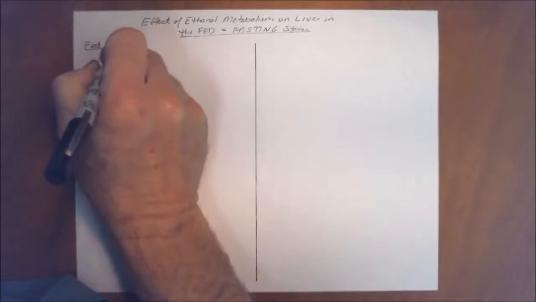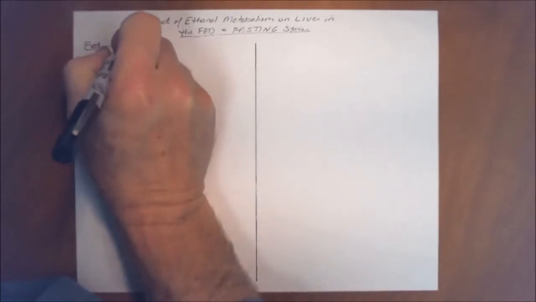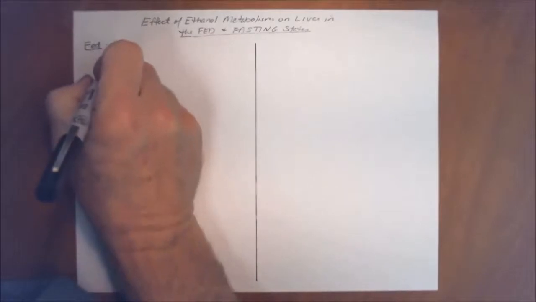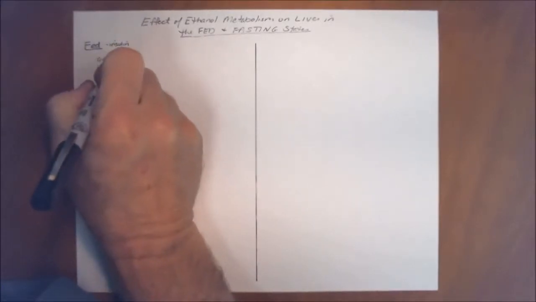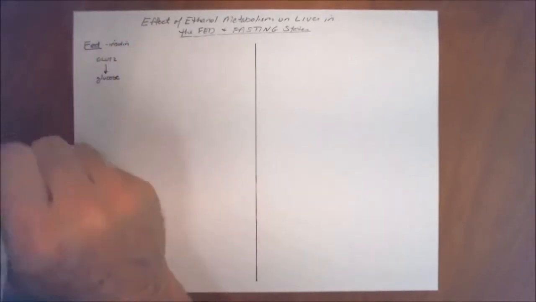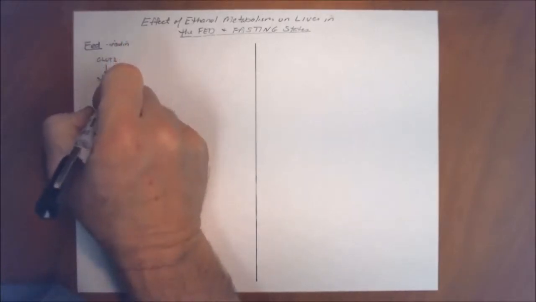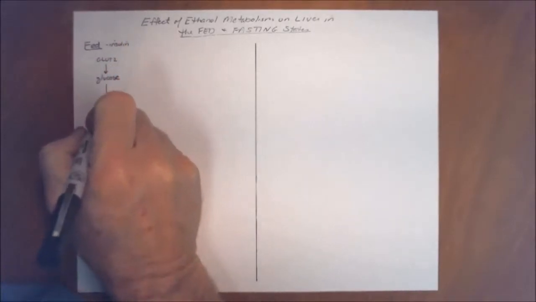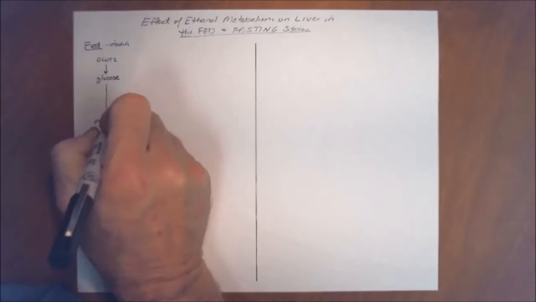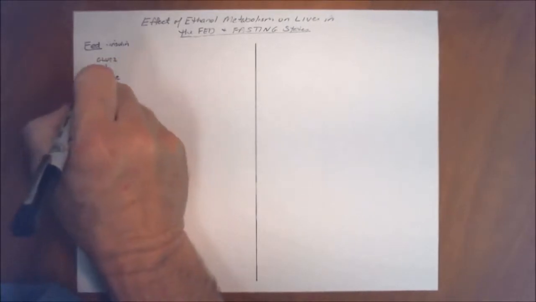In the fed state in the liver, we have GLUT2 activity because we are in an insulin anabolic state. GLUT2, of course, is allowing for the transport of glucose into the cell. The glucose is being oxidized by glycolysis into pyruvate.